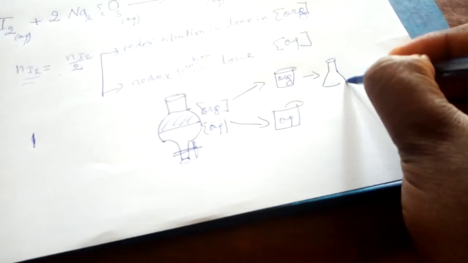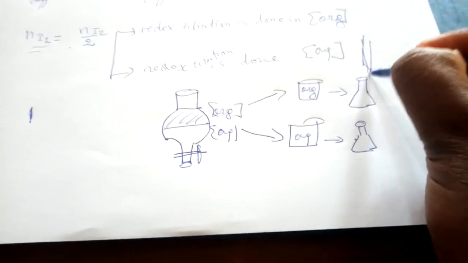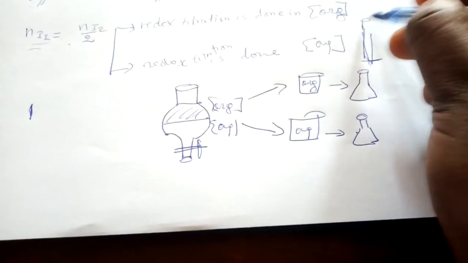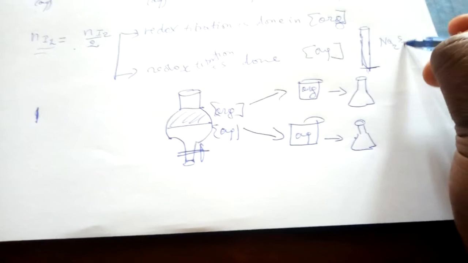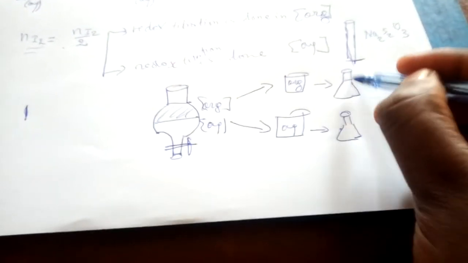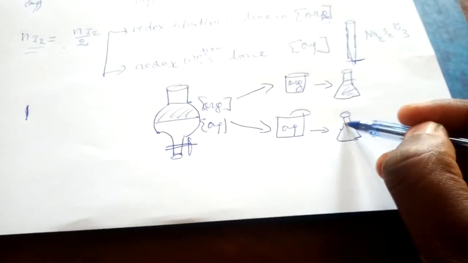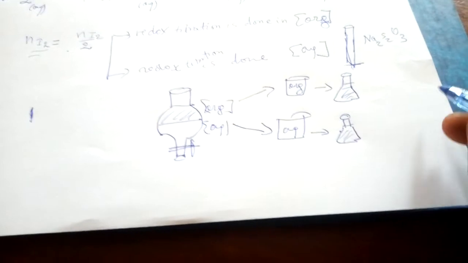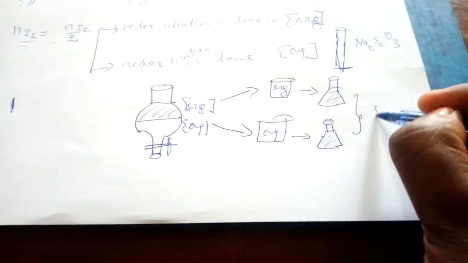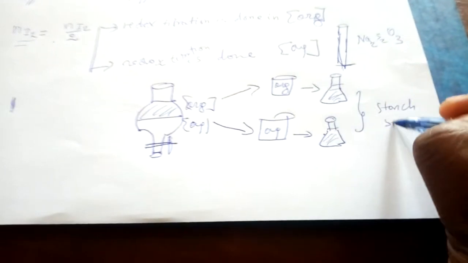In this titration, both sides will be titrated, here you can use a burette, using sodium thiosulfate. And you know that every time you are titrating, you can use a starch solution.